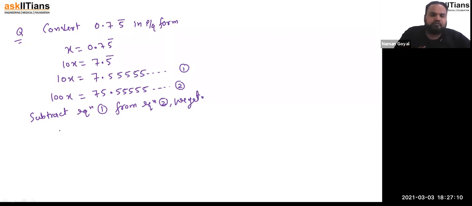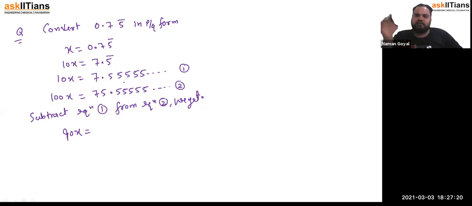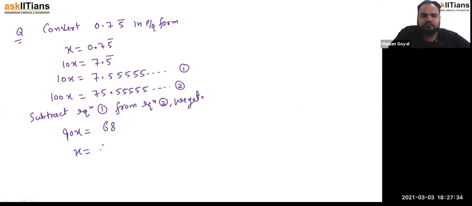100x minus 10x is what, 90x, right? Is equals to, see this number after decimal, the numbers are getting cancelled out. Now 75 minus 7, I think it is 68. Yes or no? 75 minus 7 is what? 68, right? So you will get 68. So the value of x is what? 68 upon 90.